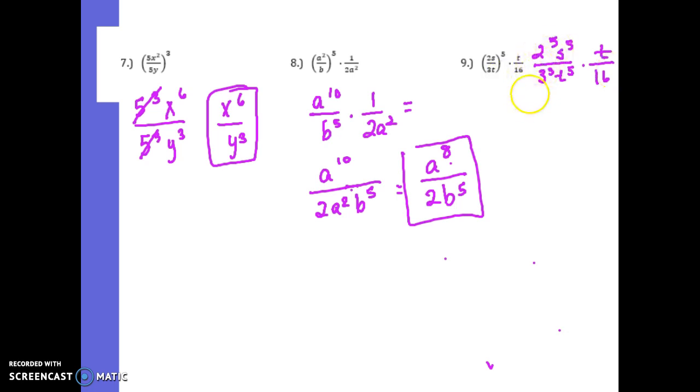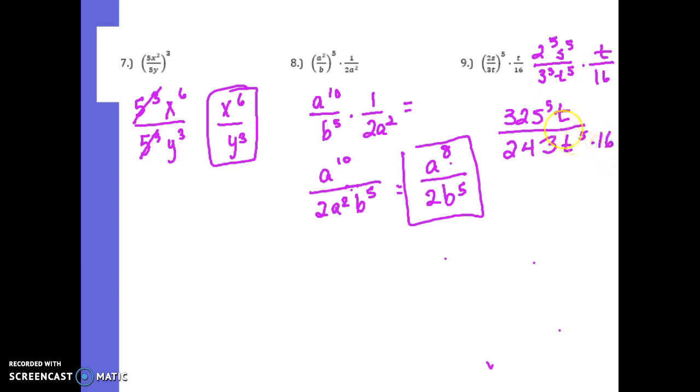We've got 2 to the 5th is 32, and then we have s to the 5th, t, divided by 3 to the 5th is 243. So we've got 243, all right, and that's an s there, 243 t to the 5th times 16.